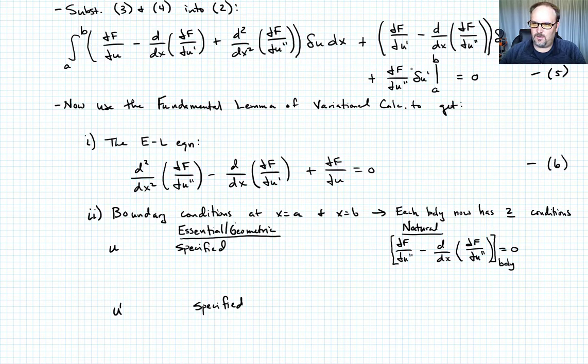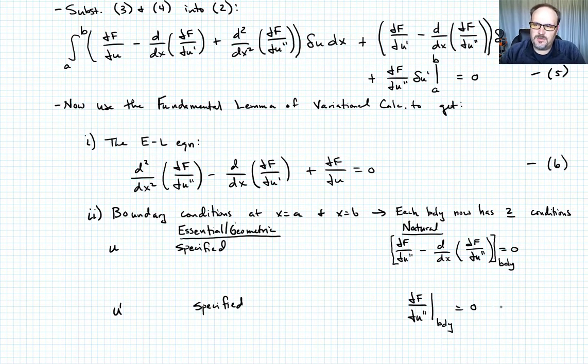And so this term will be 0 on the basis of that. But if it's not specified, then we require the partial of f with respect to u double prime to equal 0 on the boundary. So that would be the natural boundary condition that's associated with that. So del f del u double prime on the boundary, that's either a or b, must equal 0. That's your natural boundary condition.